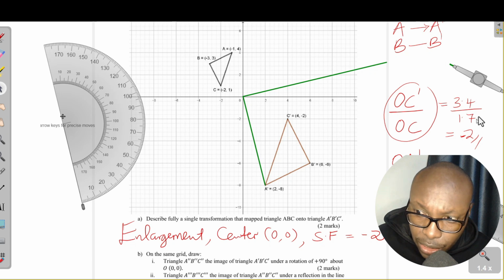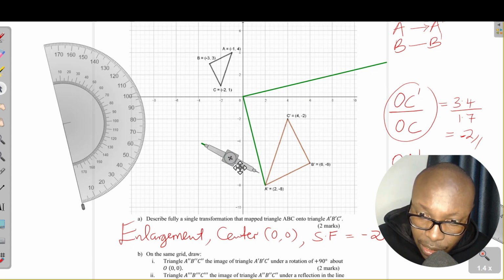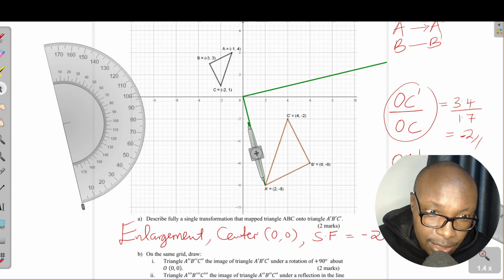Then from that, now you need to take a pair of compass and take this measurement. So from A, you take that measurement A to the center, that is to the origin, the center of rotation.